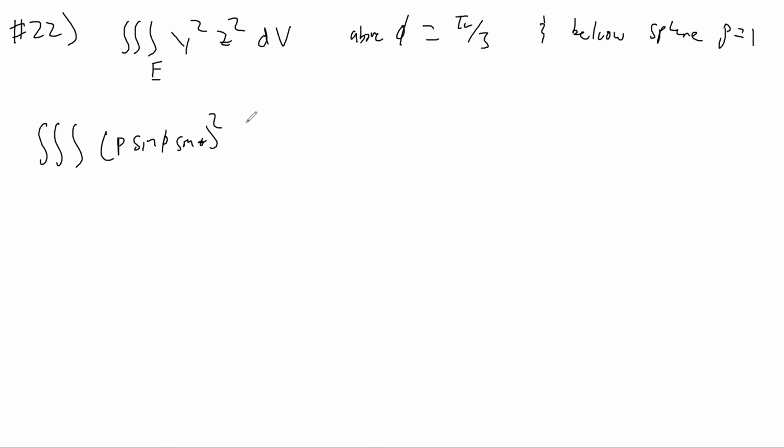Z is going to convert into rho cosine phi, squared. And then we have dv, which is rho squared sine phi d rho d theta d phi.